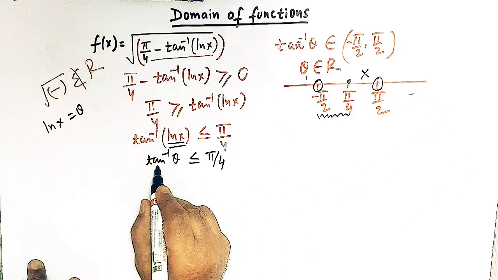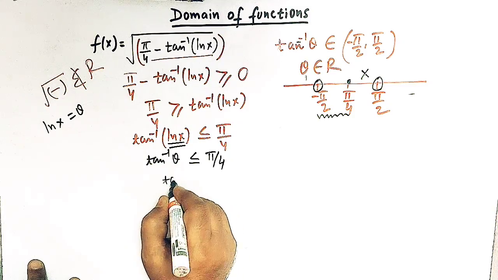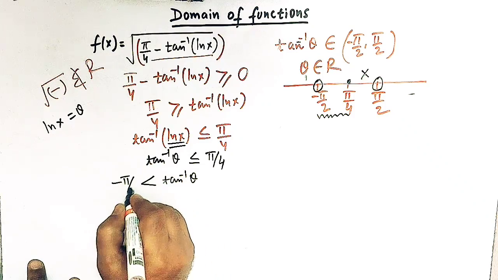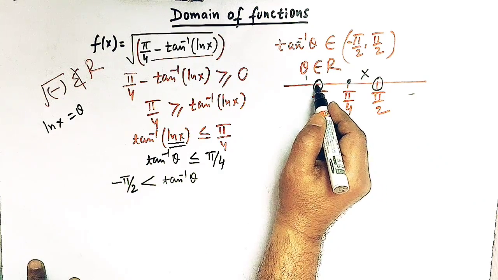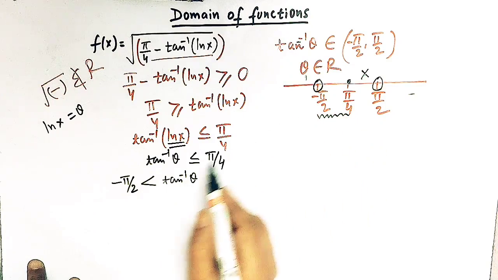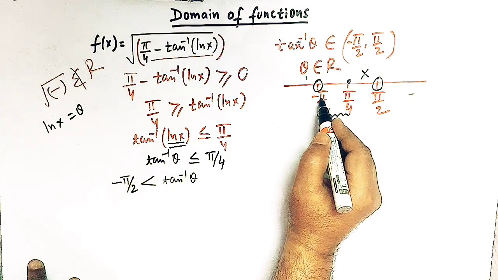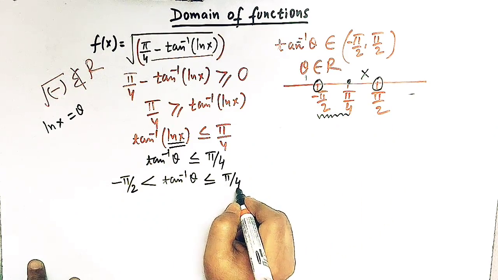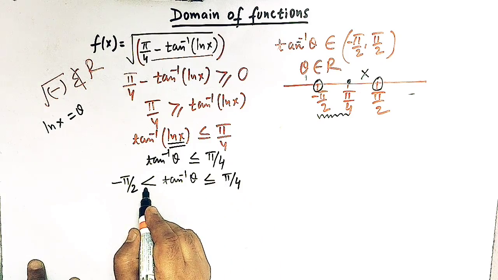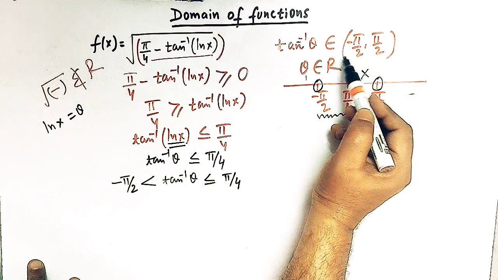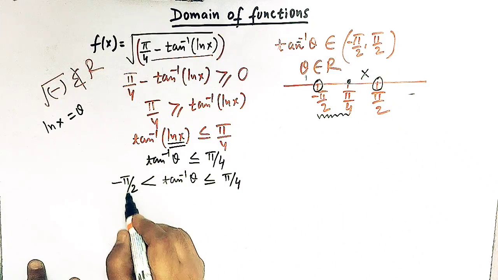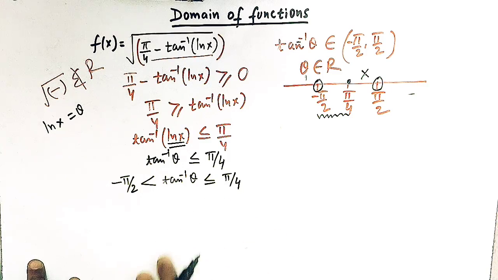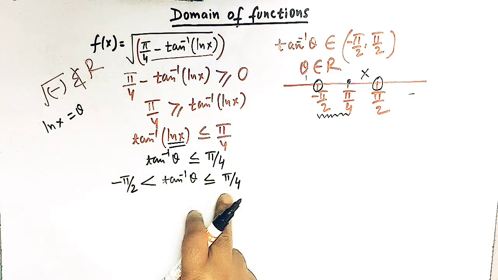So now we can modify this inequality by writing that tan inverse theta has to be greater than minus pi by 2, because tan inverse theta cannot go beyond minus pi by 2. So tan inverse theta has to be greater than minus pi by 2, but less than or equal to pi by 4, and here we cannot have the equality, because we have the open interval, right? So now we have minus pi by 2 less than tan inverse theta less than or equal to pi by 4. So now we have to solve this inequality.